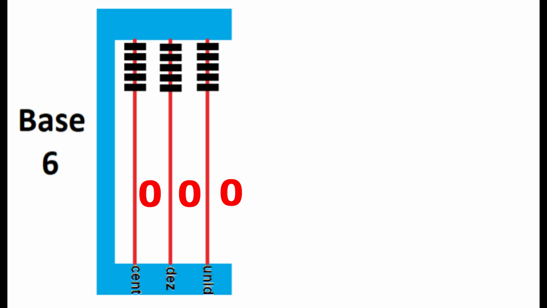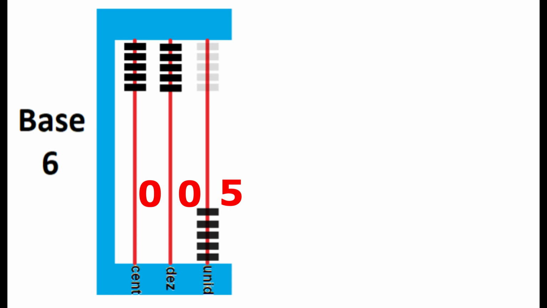Let's begin counting. Starting from 0, 0, 1, 2, 3, 4, 5. Now we've reached the maximum number of beads in the rightmost column. What happens next?